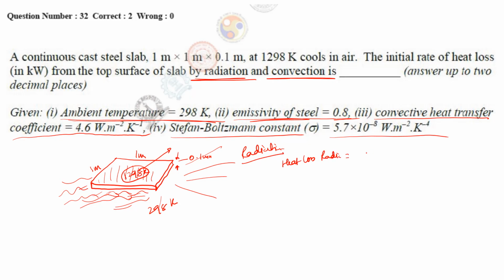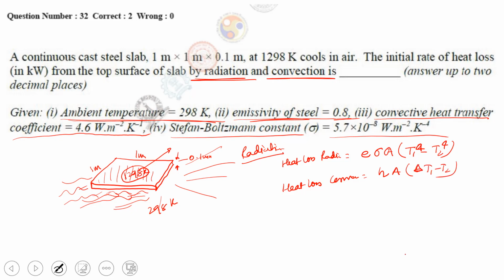It is emissivity into Stefan Boltzmann constant into area into temperature difference, so T1 to the fourth minus T2 to the fourth, right? The heat loss through convection is heat transfer coefficient into area into delta T, that means T1 minus T2, right? These are the equations which we need to use here.